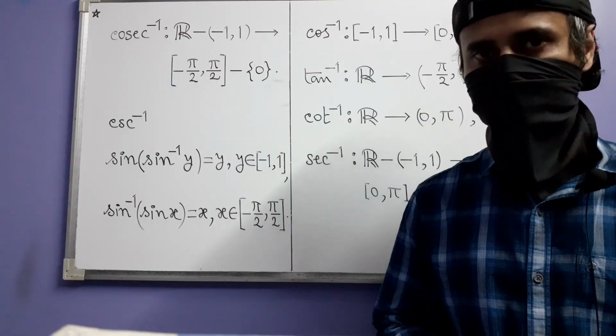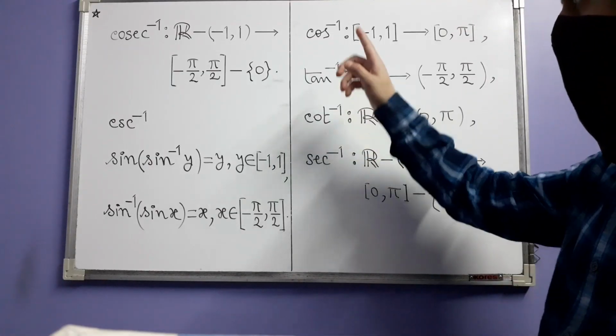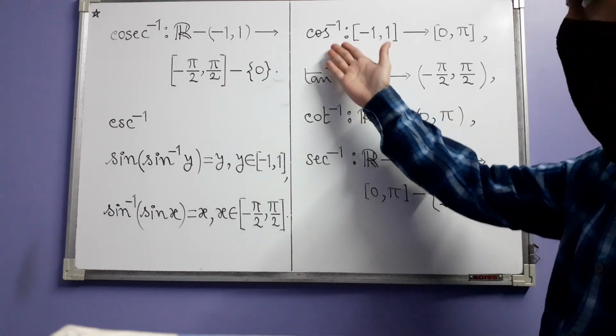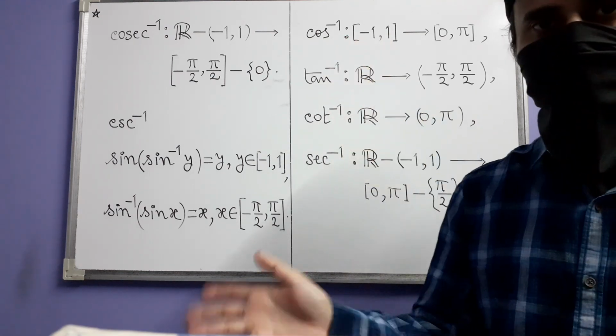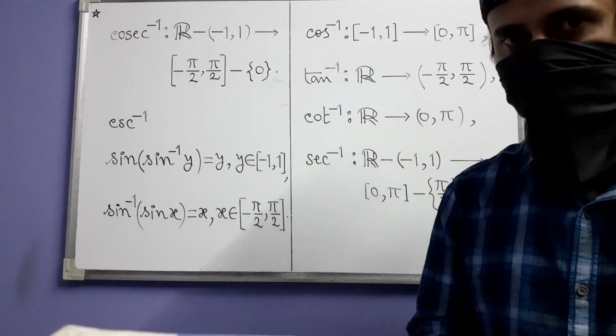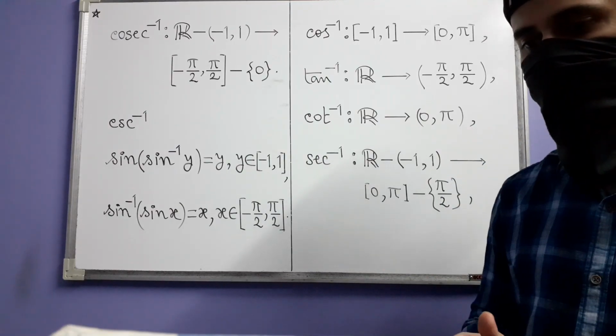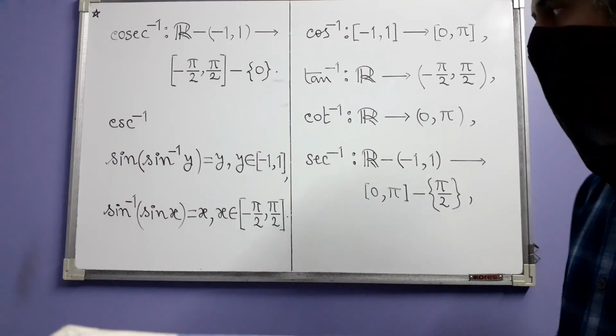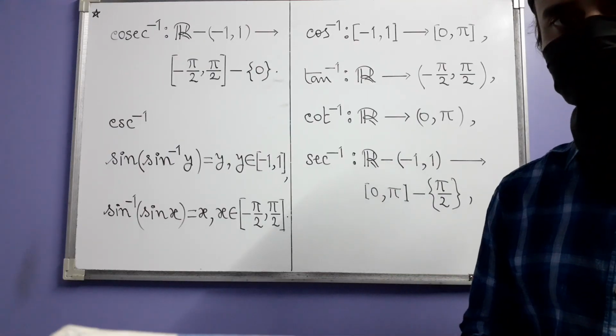When we use these symbols, that is sine inverse, cos inverse, tan inverse, cot inverse, all these inverse function symbols, the convention is that we mean principal branches. Okay, it's understood if nothing else is said.